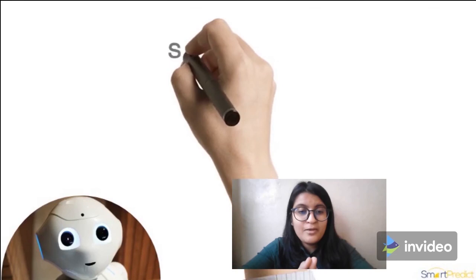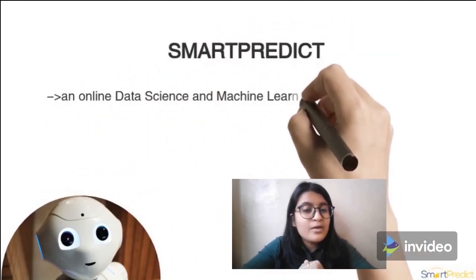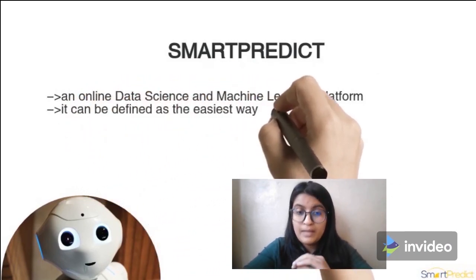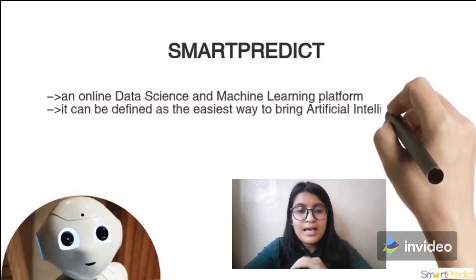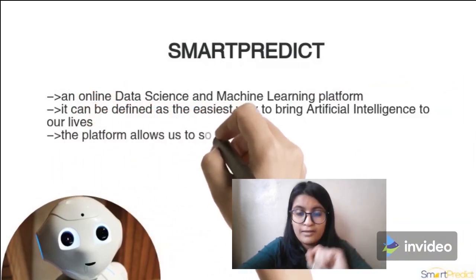Well, it is totally possible, and the answer is Smart Predict. Smart Predict is the solution to all your problems. Smart Predict is basically an online data science and machine learning platform. It can be defined as the easiest way to bring artificial intelligence to our lives.